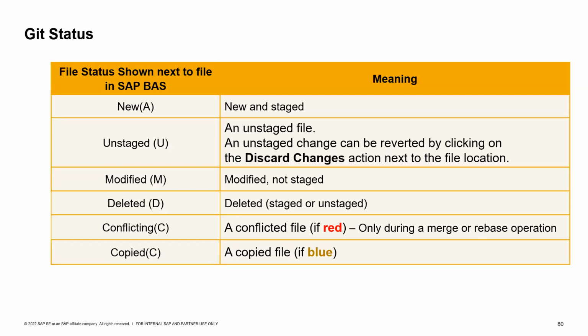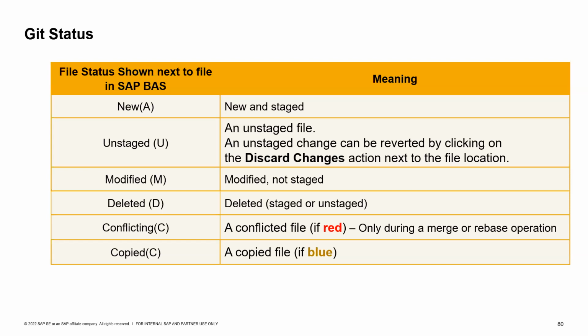There are some Git statuses here, so let's discuss them. File status is basically shown next to the file in SAP Business Application Studio. Now we have this new one with a symbol, which means the file is new and also staged.